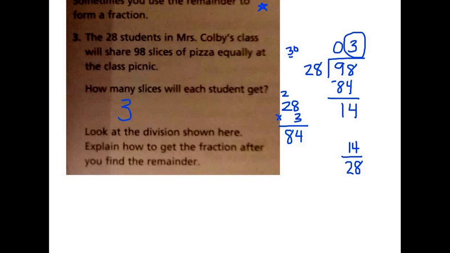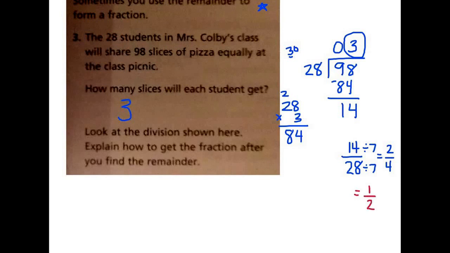Now, some of you might already have noticed that I can simplify this fraction. I can divide both of these by 7. So that when I do that, I get 2/4. Well, now I already know that 2/4 can be further simplified to equal 1/2.